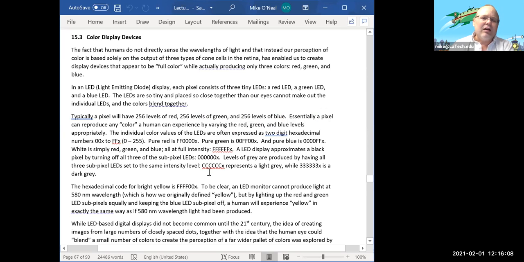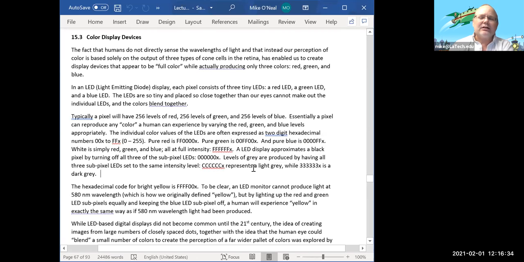What about something like yellow? Well, yellow would be your red and your green set and your blue off. What about levels of gray? Levels of gray are where all of the colors are set at the same level. What about white?